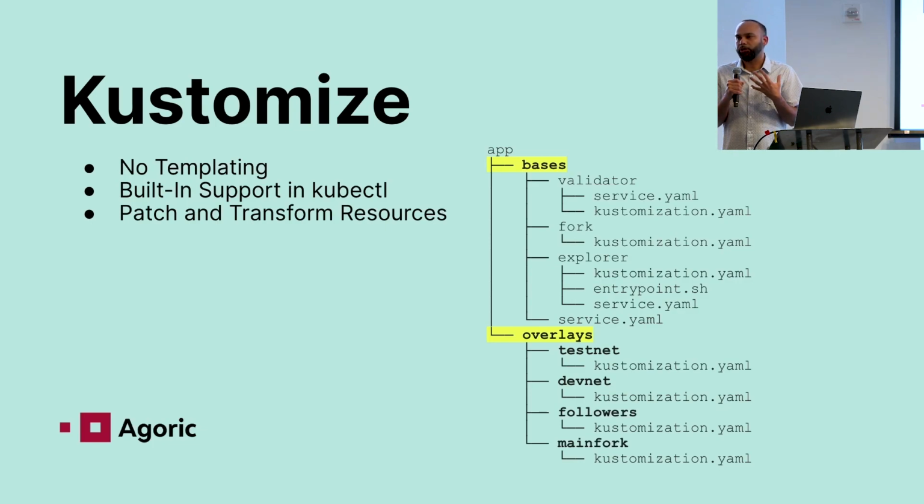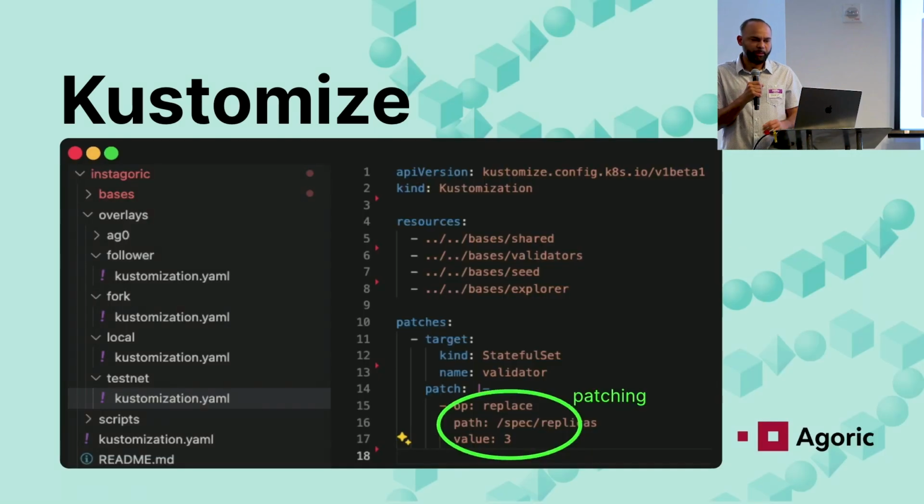Overlays define your production network. In your overlay you include your bases, and then you change whatever you want to change by patching that value. An example is here. I'm showing the overlay testnet, in which we have included shared validator, seed, and explorer, and we just want the validator to have 3 validators in it. So it's very easy to customize.